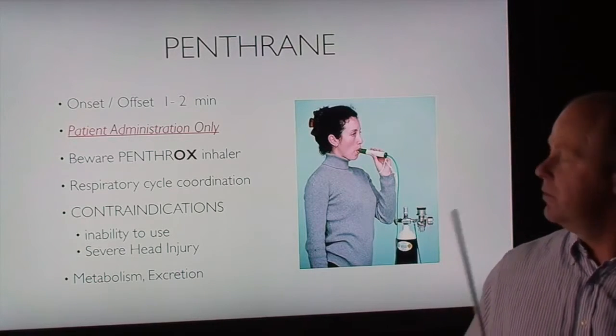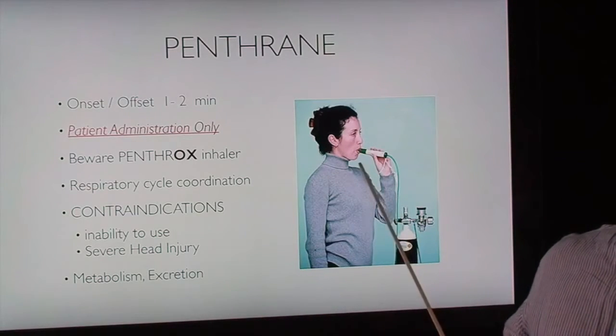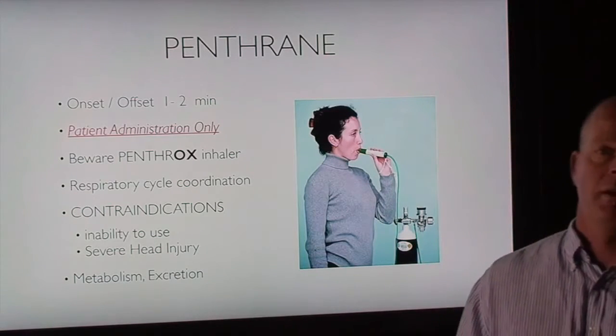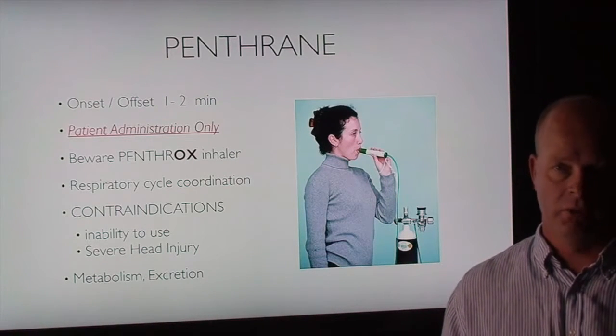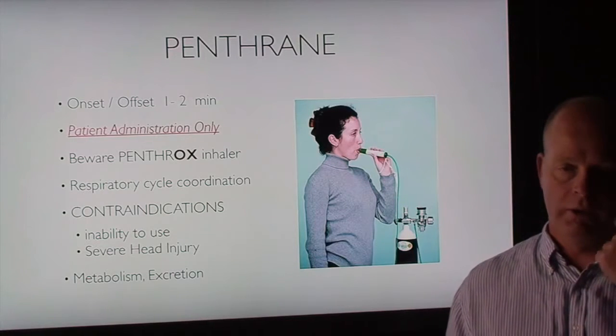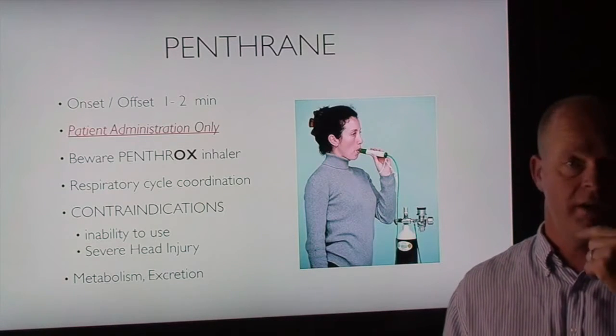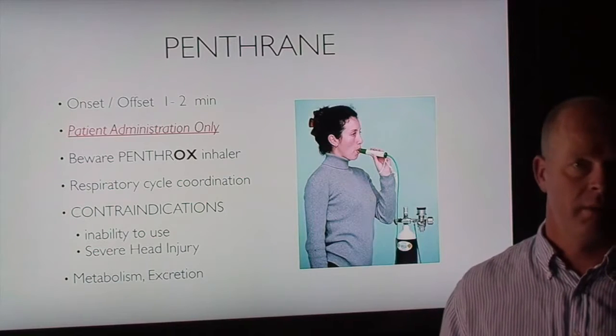So rather than use the Penthrox inhaler, by all means use the inhaler, don't connect oxygen to it, give them oxygen from your separate independent source, either with nasal cannulae or a little hole cut with a pair of scissors in the side of a Hudson mask and put it in the side of their mouth that way.